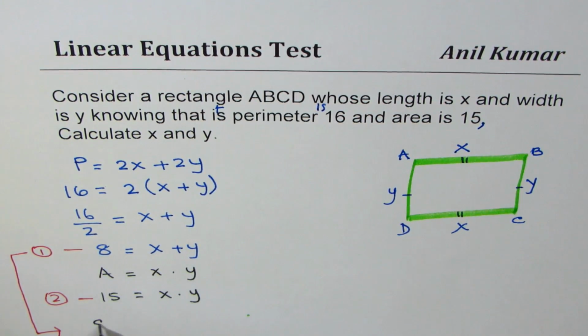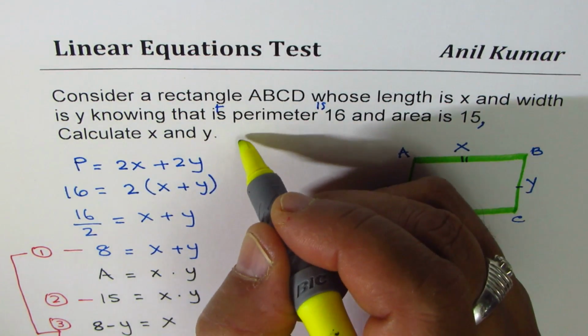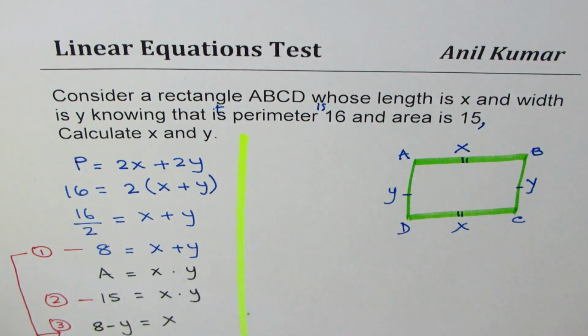So we can write this as 8 minus y equals x. Now we have a relation between x and y. We have written x in terms of y. Do you understand that? Great. So we can substitute this value of x in the second equation and find y. Do you get an idea, right?